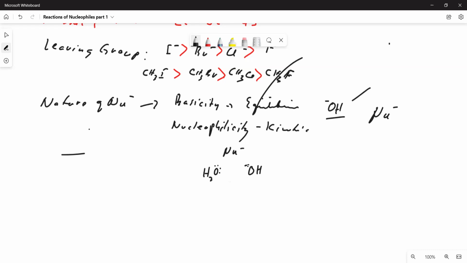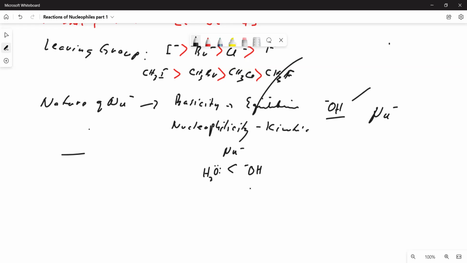But this one is negatively charged, which we know is more basic than the water, its conjugate acid. So since OH is more nucleophilic, I mean more basic, it is also more nucleophilic. And that is true because they have the same nucleophilic centers.